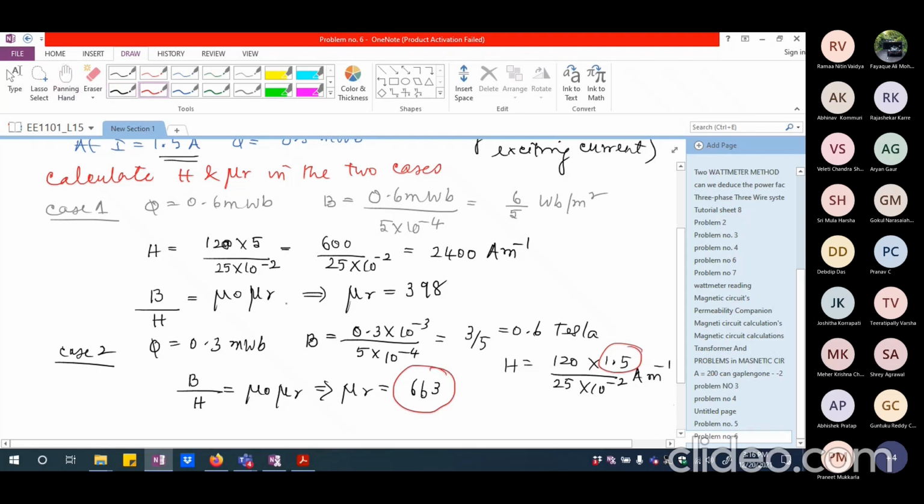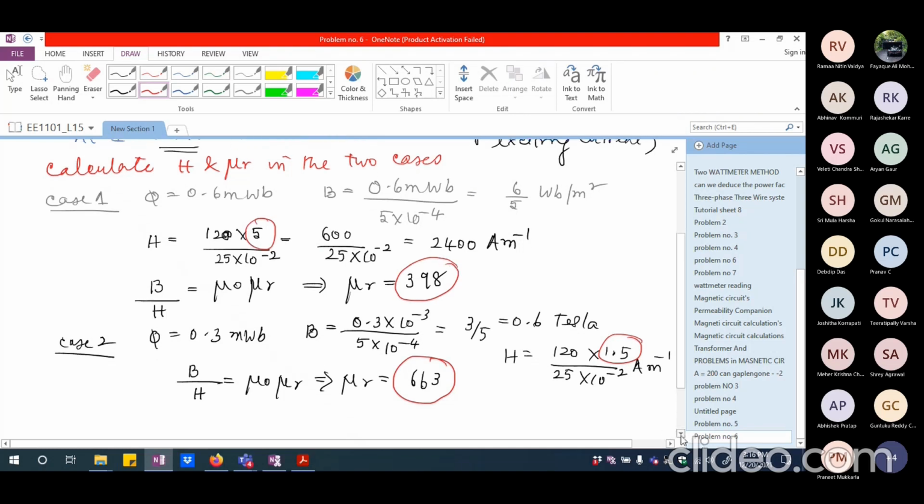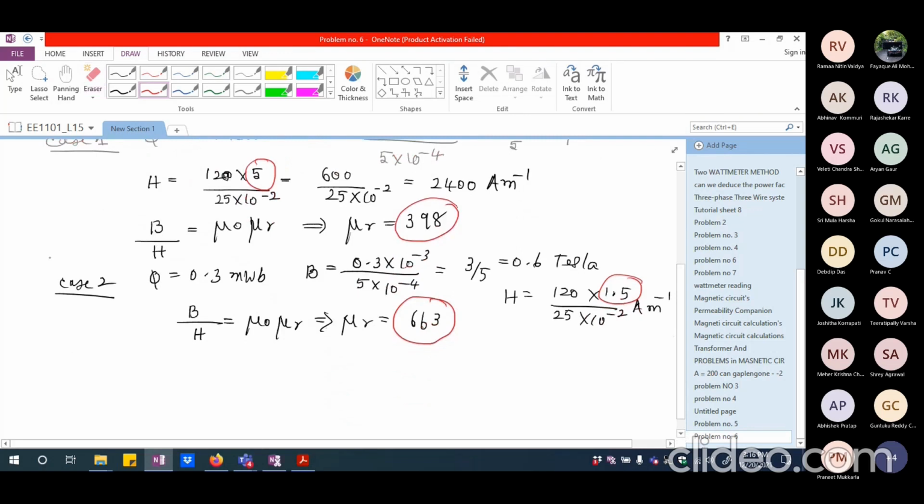Whereas when you are having a higher current, which is 5 ampere of current, your mu R comes down to 398.